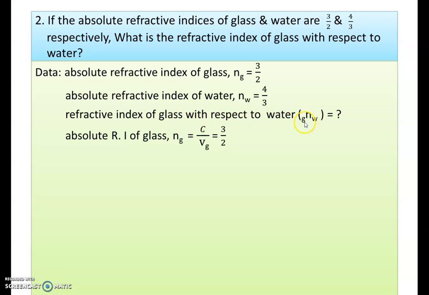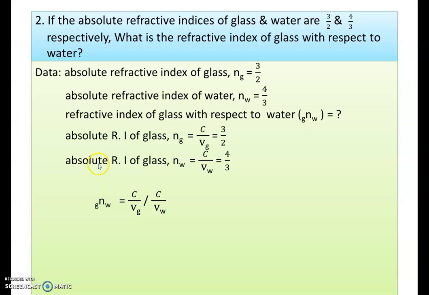So we have to find out the refractive index of glass with respect to water. Now in the problem, the absolute refractive index of glass is given, that is Ng, which is nothing but c upon Vg. Here c is velocity of light in air divided by velocity of light in glass, which is 3/2, meaning the absolute refractive index of glass is 3/2.